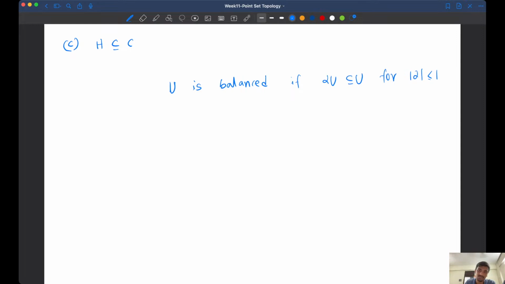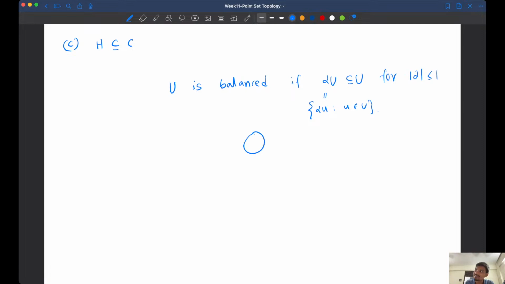You are just taking all those elements with mod alpha less than or equal to 1 of U, and then seeing whether that is contained inside U or not. So the definition is clear, right? Definition is not an issue. Yes sir, not geometrically, but mathematically it's clear. Like an example of a balanced set, if you take any ball in, let's say, yes sir.